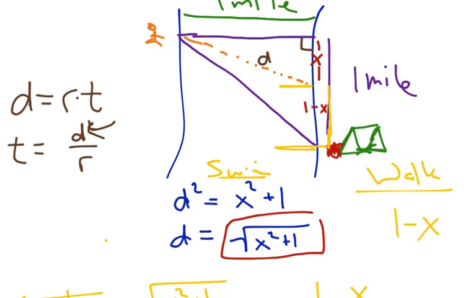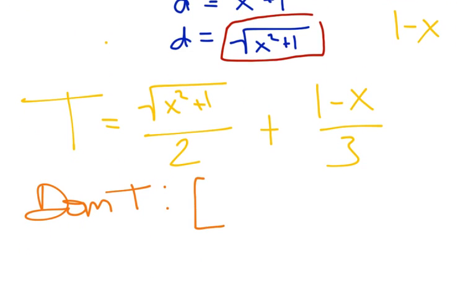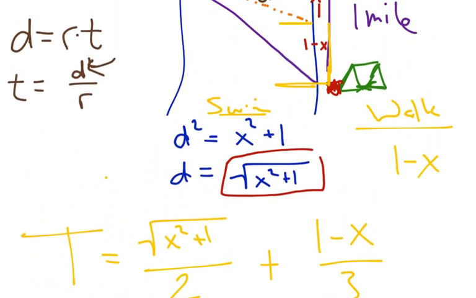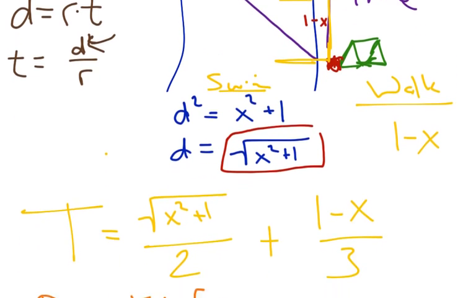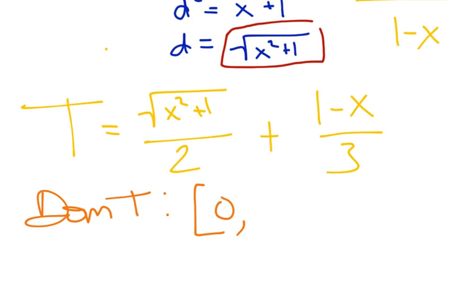So 0 is a possibility for x. And so I'll use a bracket here, square bracket 0. And we also said, if we go back to the picture, that we can swim directly to the campsite, which means that x would be 1 in that case. And so we wouldn't be walking anything. And this would be inclusive like this.